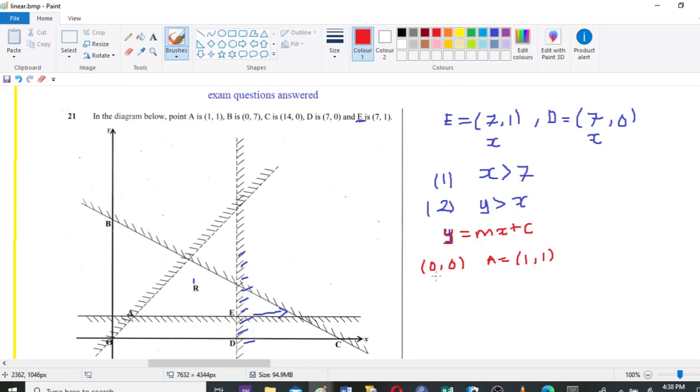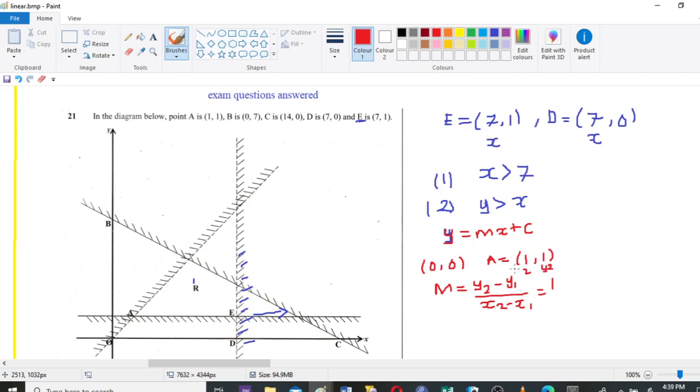So you can solve for m, your gradient, which is y2 minus y1 over x2 minus x1. You can let these ones be your x2 and your y2.